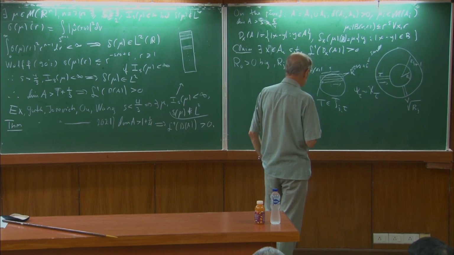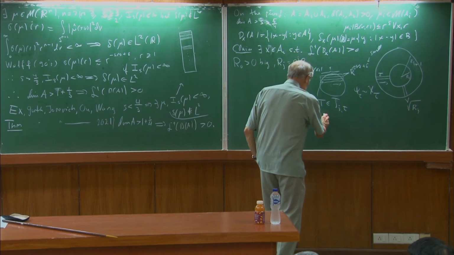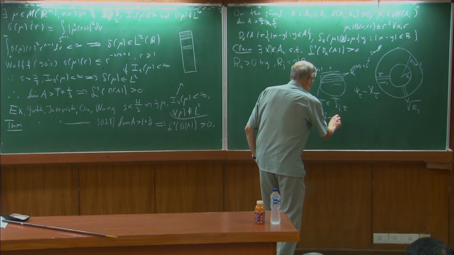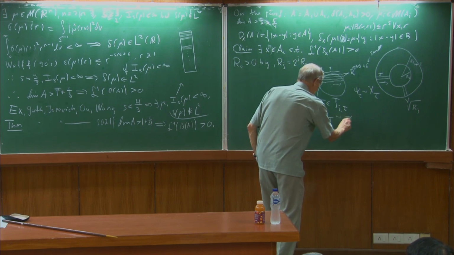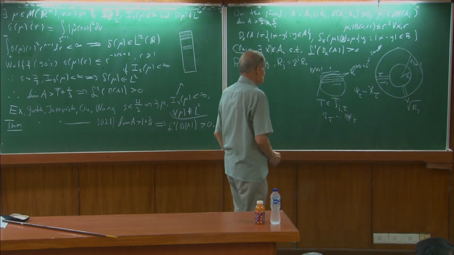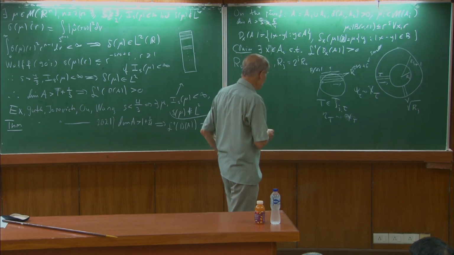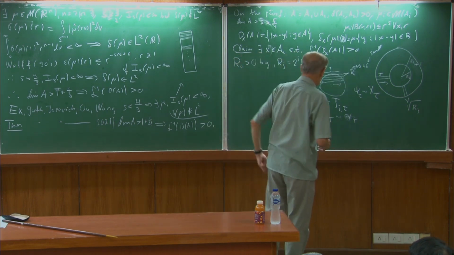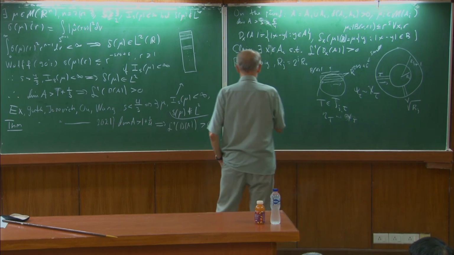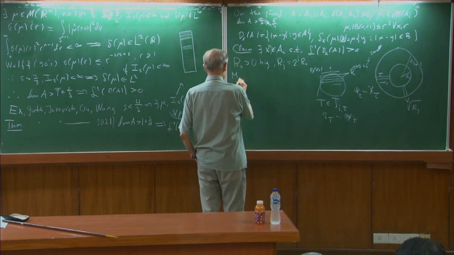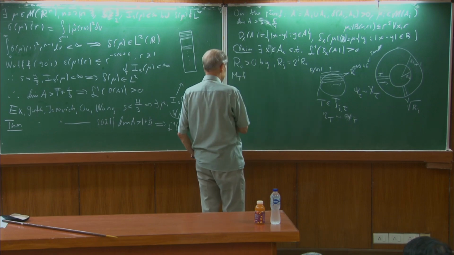And then here I take eta t, which is essentially the characteristic function of t. And then how do I localize this? You can define this operation for any function f.